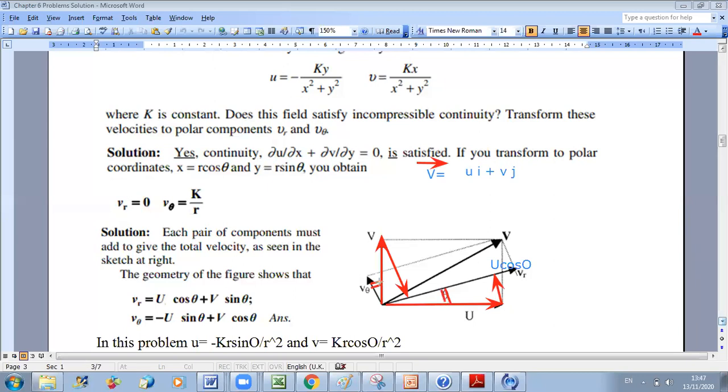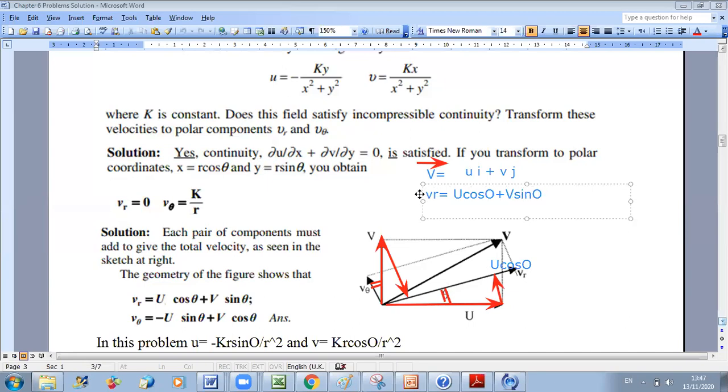This is why if you want to project V on UR, you should multiply by sine of theta. So I can say now that VR in total, the component along R, is equal to the projection of U, which is U cosine of theta, plus the projection of V, which is V sine of theta.